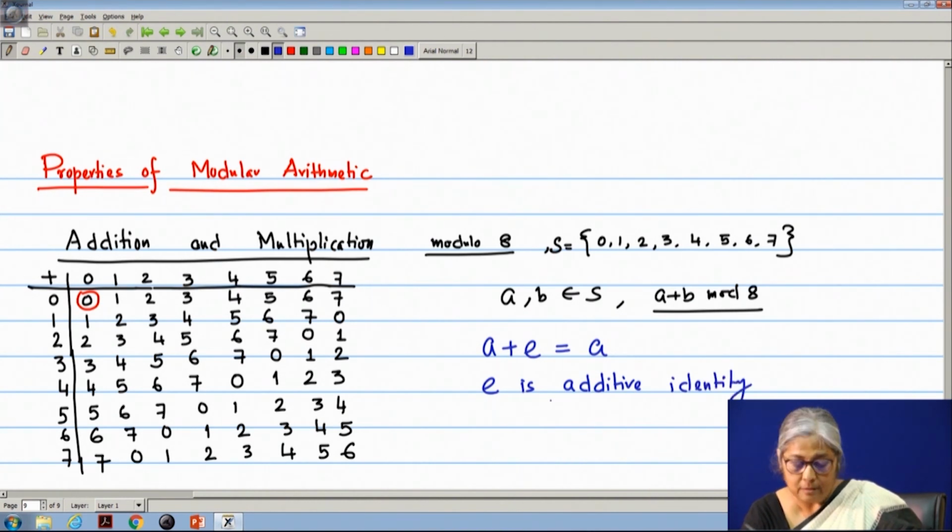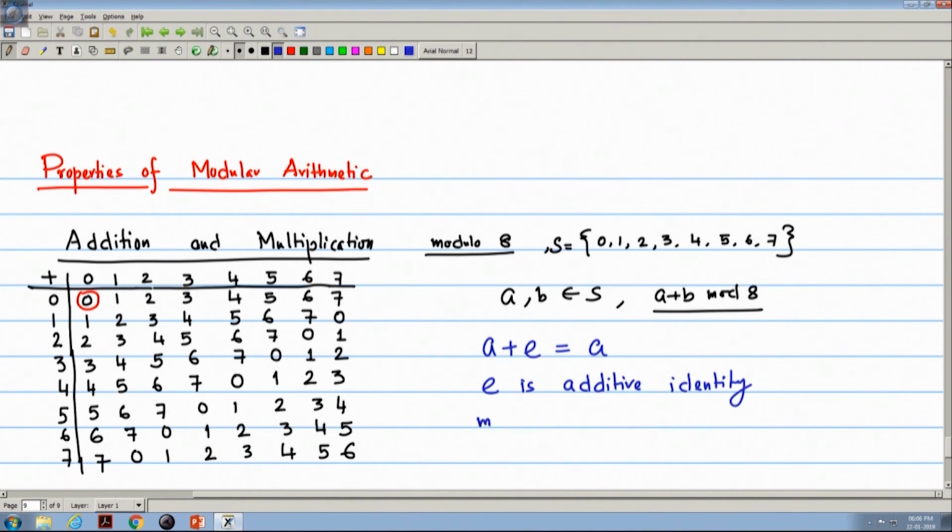So for modulo 8 addition, the additive identity is 0. The identity element E is 0.